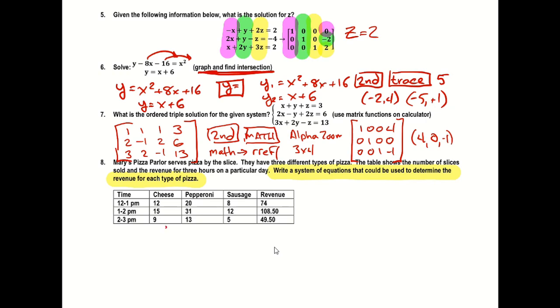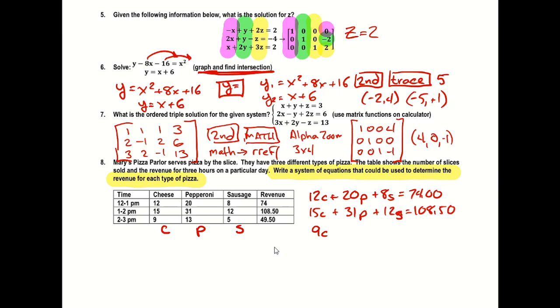Easy thing, and it makes sense to keep things simple, is we're just going to take the first letter for each of our pizzas. So our first equation: we have 12 cheese pizzas, 20 pepperoni, 8 sausage, and it's equal to $74. Our second equation: 15 cheese, 31 pepperoni, 12 sausage, and that equals $108.50.